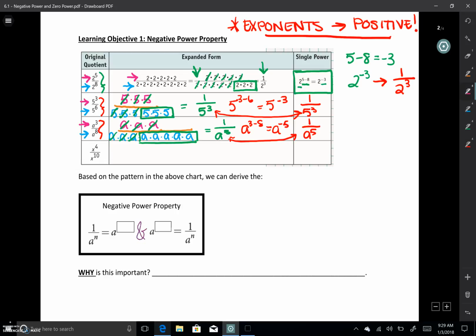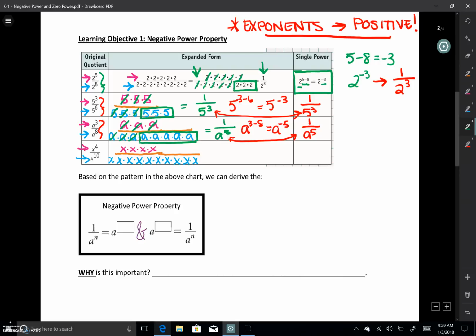Finally, for this last row, I have x to the 4th in the numerator. So that's x times itself 4 times. Put that all over x to the 10th here in the denominator. So that's x times itself 10 times. Extend this line again.